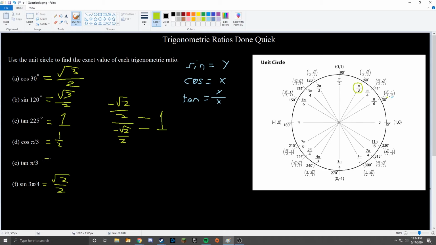And now we have the tangent of pi over 3, same as cosine. So now we have to set this up. The sine would go on top because it's the y. So square root of 3 over 2, and then 1 over 2. And what you'll probably notice is that they have the same bases.